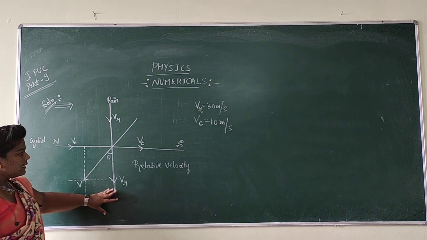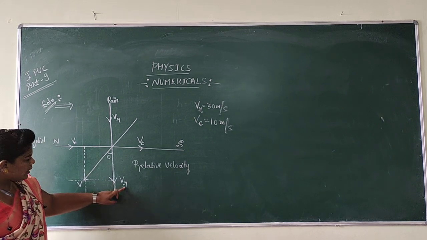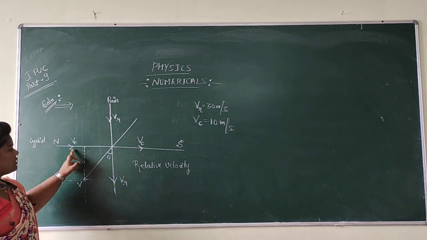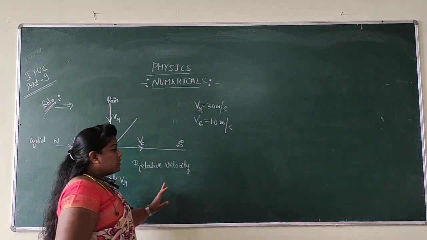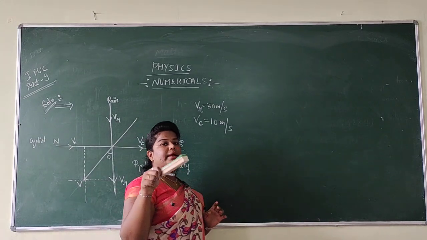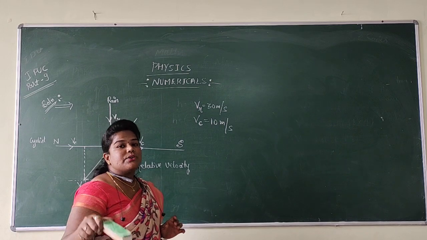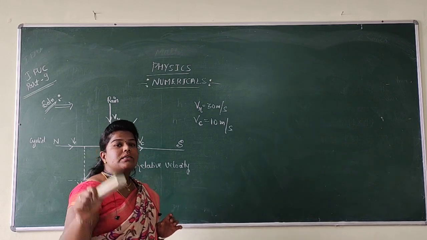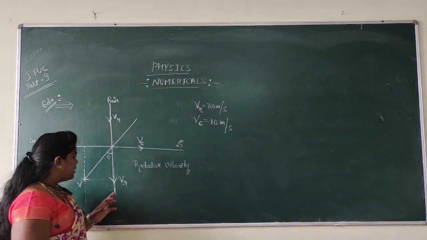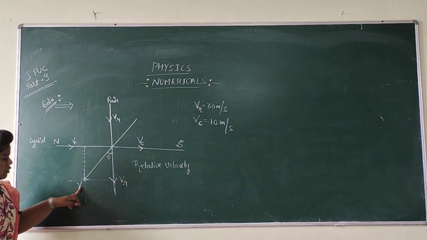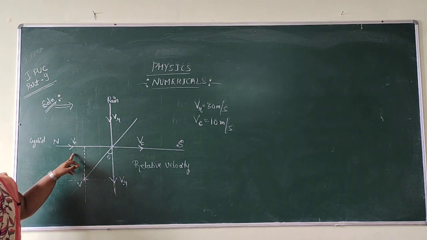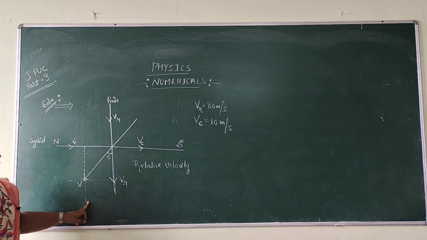We should calculate the relative velocity of the rain with respect to the cyclist, so that the woman can protect herself from the rain by holding the umbrella in such a way that the direction in which she holds it is exactly along V. That V is called the relative velocity. So this numerical is based on relative velocity.